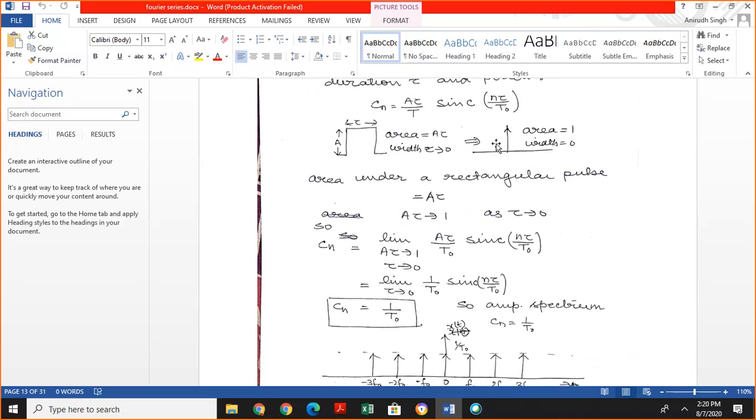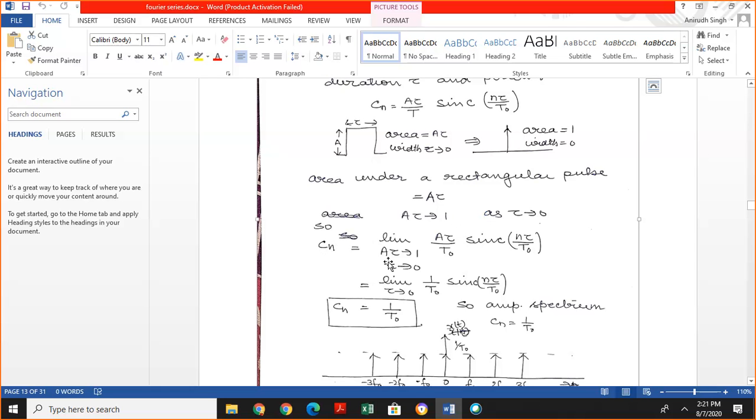So if tau tends to 0, this rectangular pulse becomes an impulse function, and its area tends to 1.